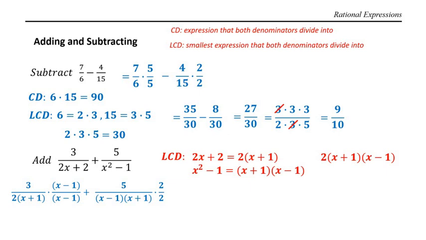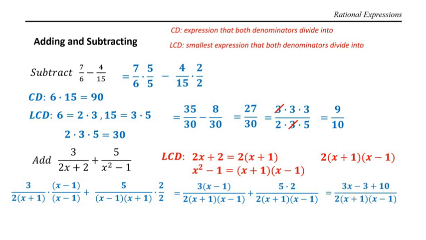And so if we multiply all of that out, we would get 3 times x minus 1 over 2 times x plus 1 times x minus 1 plus 5 times 2 over the same denominator. And so if we do addition straight across, we would get 3x minus 3 plus 10 over 2 times x plus 1 times x minus 1.